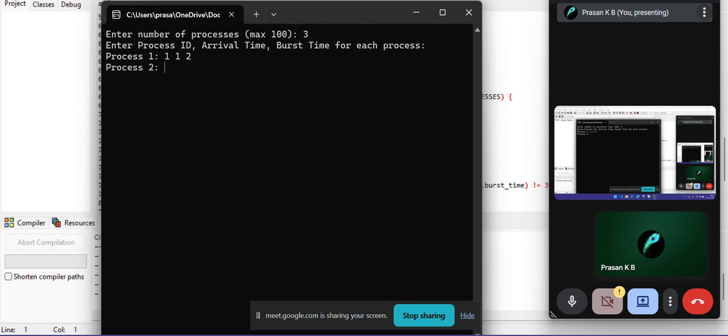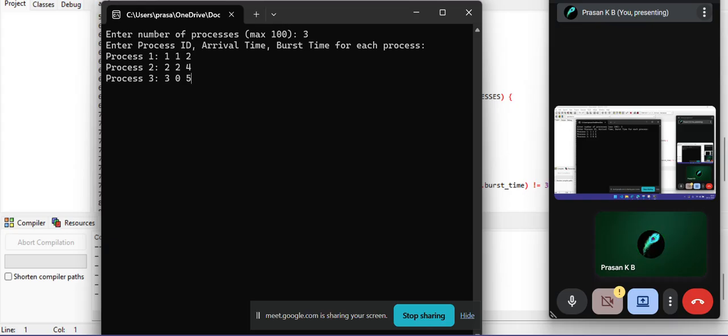Okay, next the process ID will be 2, the arrival time will be 2 and the burst time will be 4. And next the process ID is 3, arrival time is 0 and the burst time for this is 5.